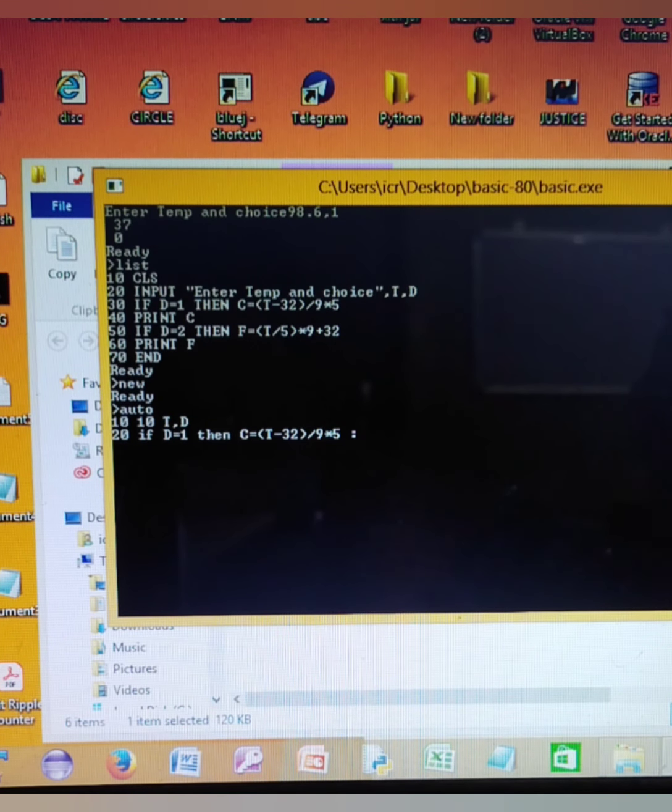We can put here a colon and then we'll print here the temperature. And if the choice is 2, then F is equal to T upon 5 into 9 plus 32, and then a colon and print F.